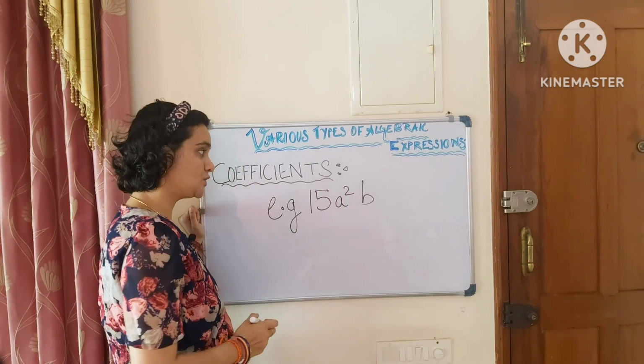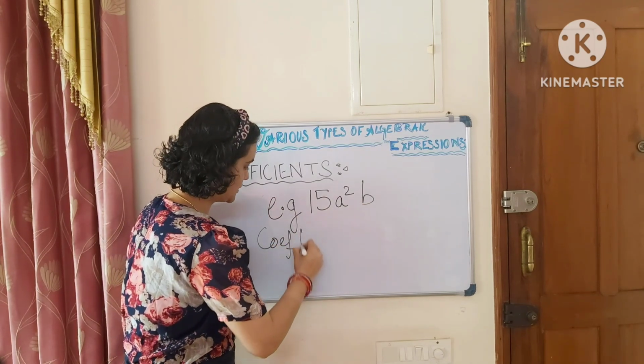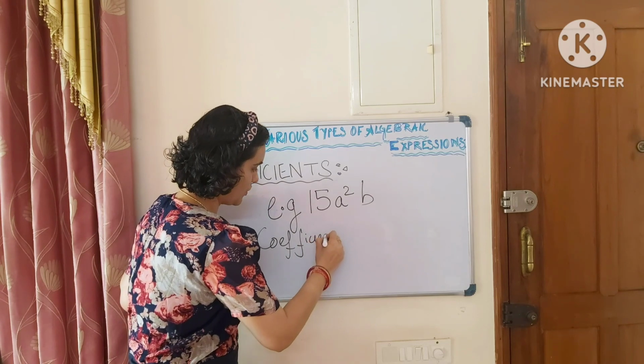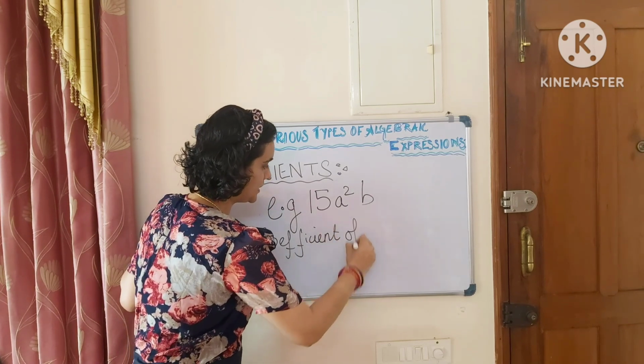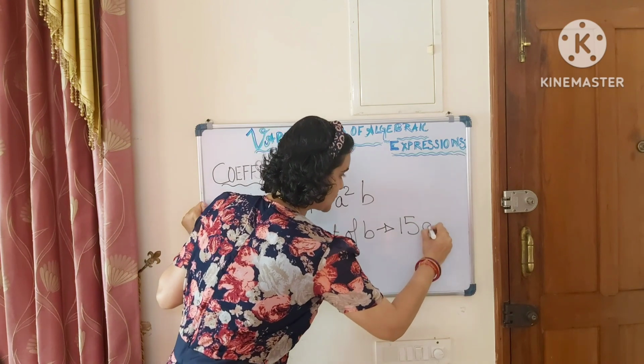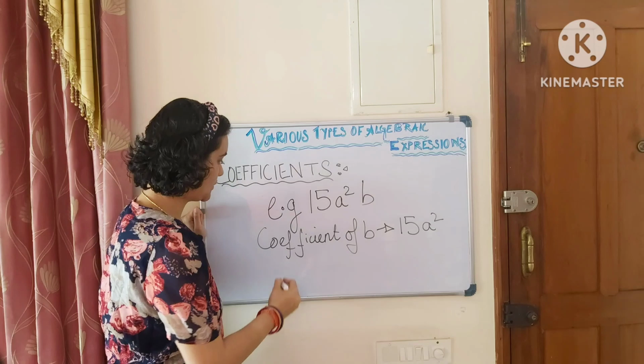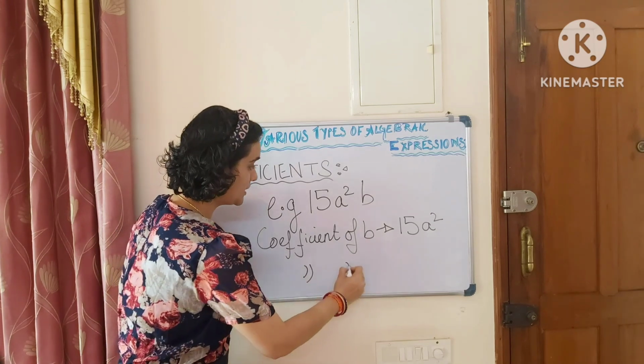Now if I ask you to tell me the coefficient of b, it will be 15a². Okay? Coefficient of b is 15a². Now let's take the coefficient of a².